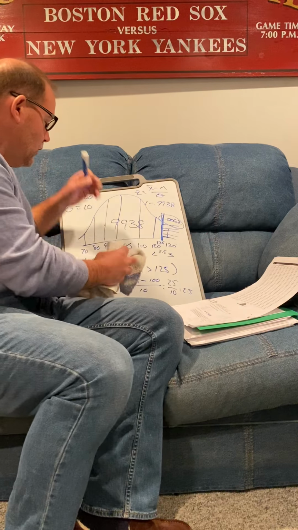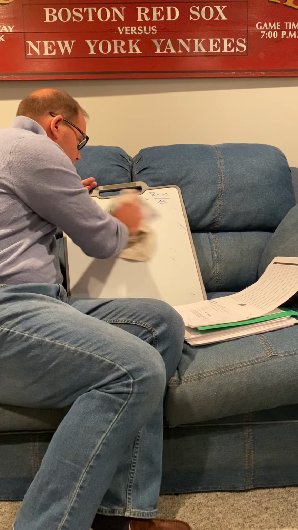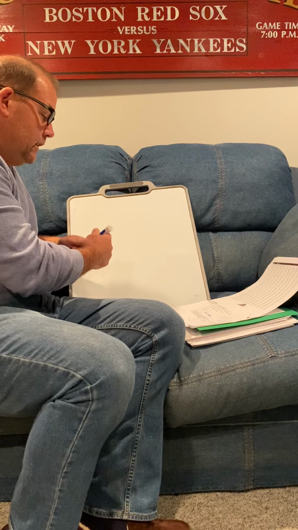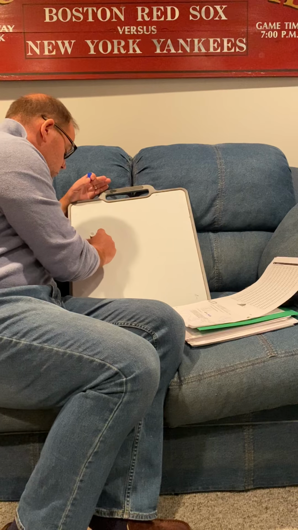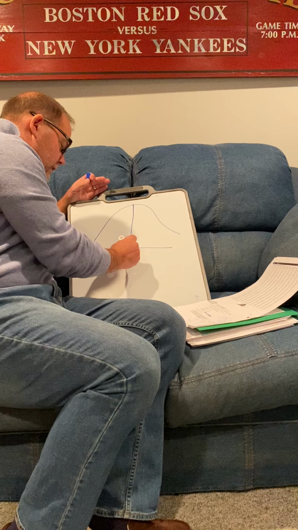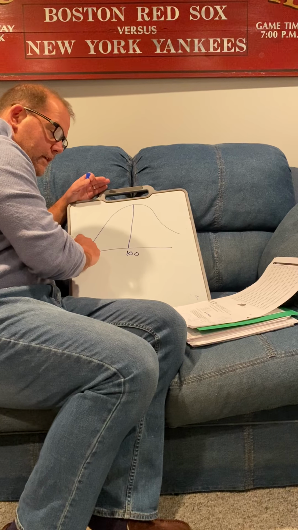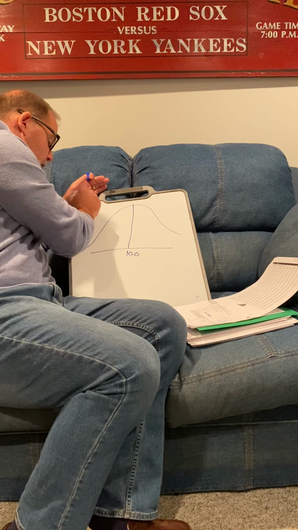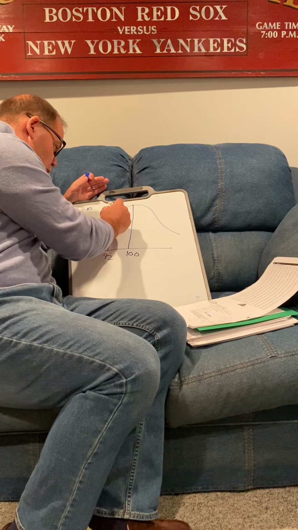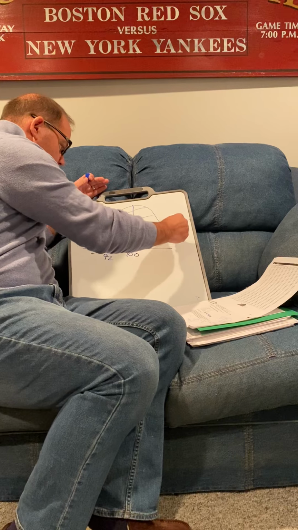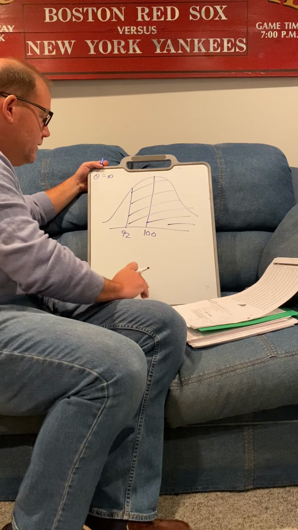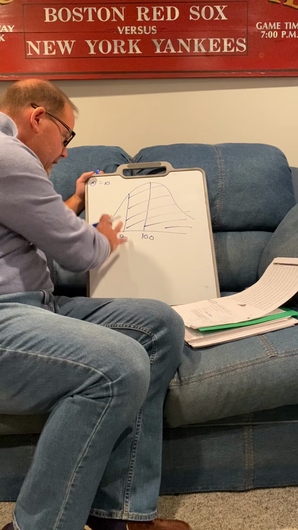So that was our first example. Let's take a look at a second example. In number 2, still using the mean of 100 and a standard deviation of 10, it says, what's the probability that you would score greater than 92? Here we're going to have a little bit less of a curve picture.